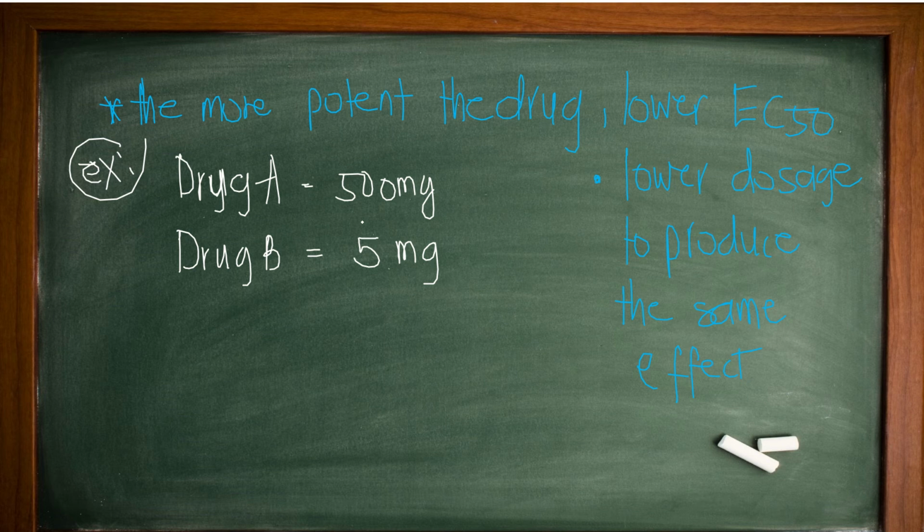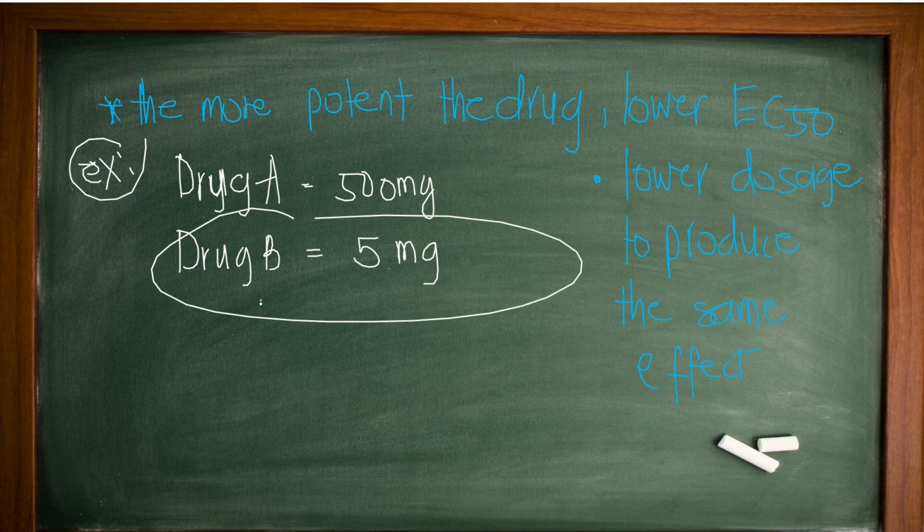The more potent the drug, the lower the EC50. Anong ibig sabihin nun? Pag mas potent ang drug, it would be easier for that drug to achieve the 50% maximum response, which can be obtained in a dose-response curve. So, the more potent the drug, the lower the dosage to produce the same effect. Ayun yung sagot. So, alin ang mas potent dyan? Obviously, it's drug B. Why?